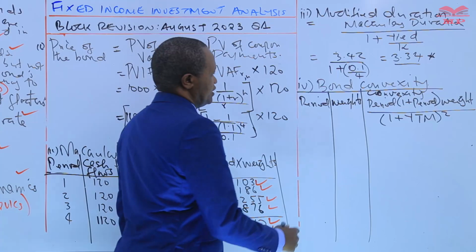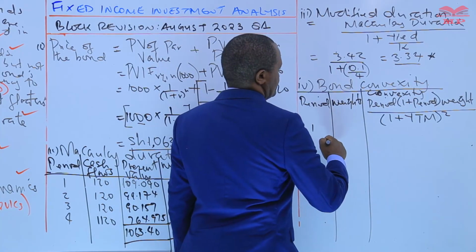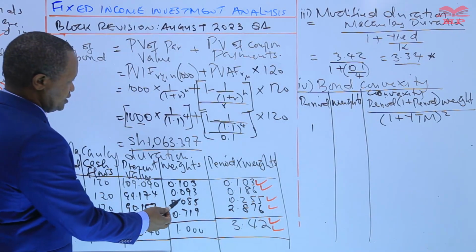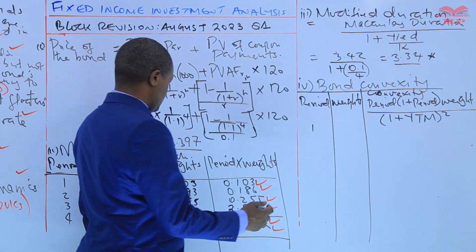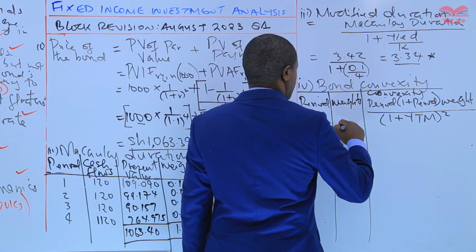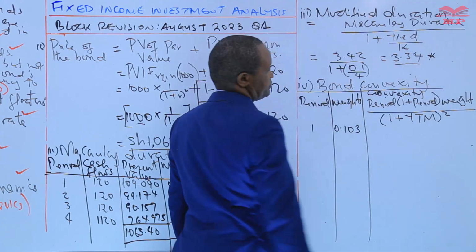We're going to first of all have period 1 here. The weight for period 1 is 0.103.